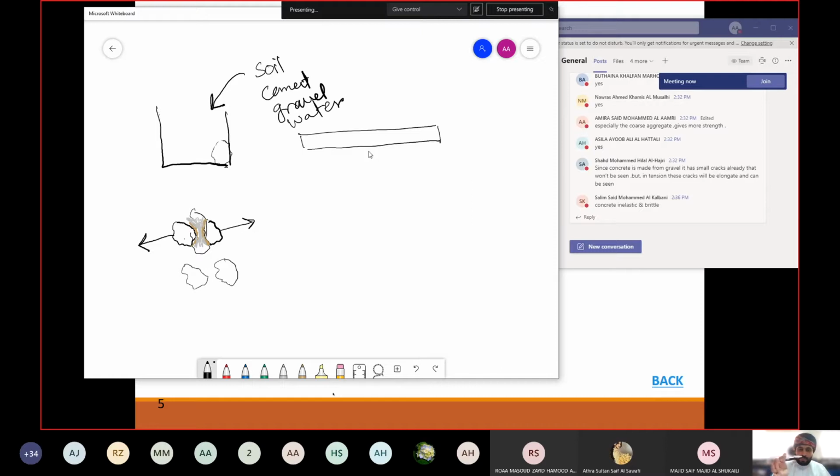So that's why when it comes to tension, you will not have an issue. If I have this pen and I try to pull it, there are no weaker points and stronger points anymore. When it comes to tension, that's good because there are no gaps in the steel bar.